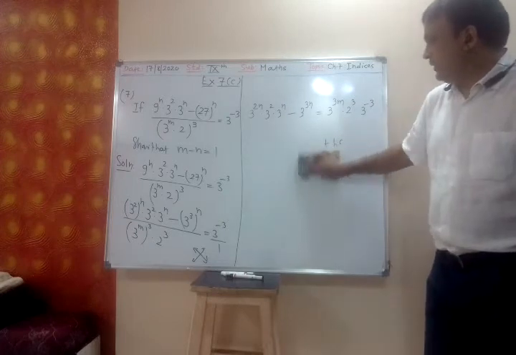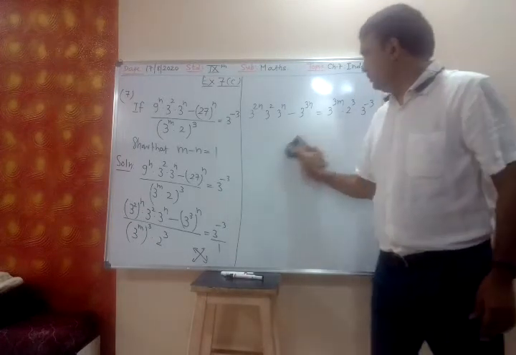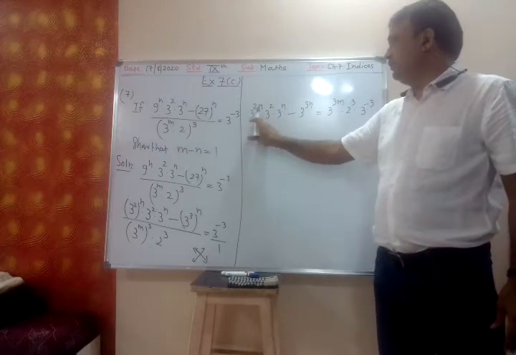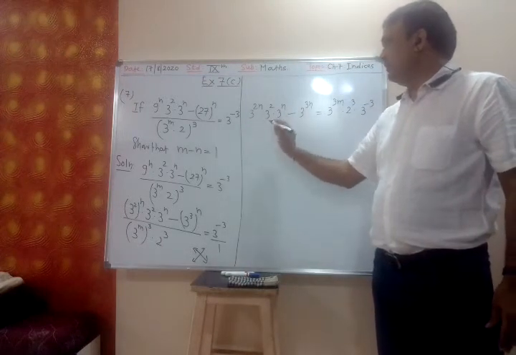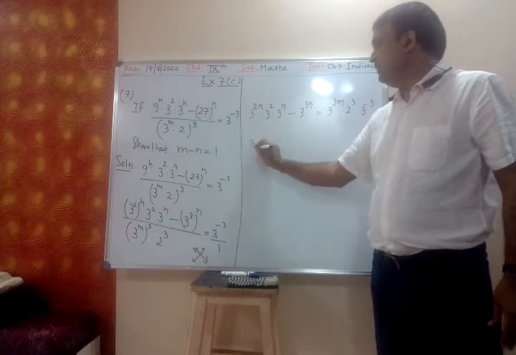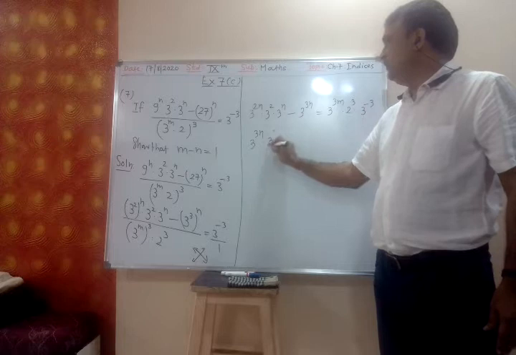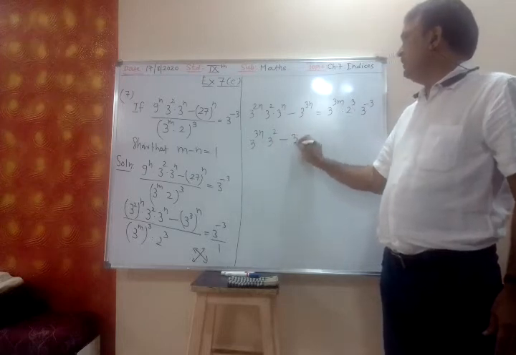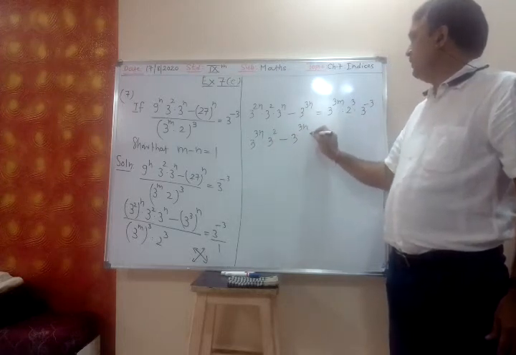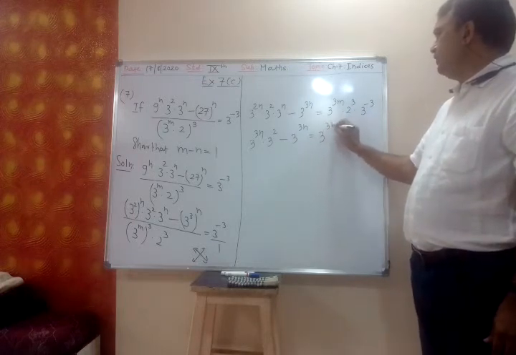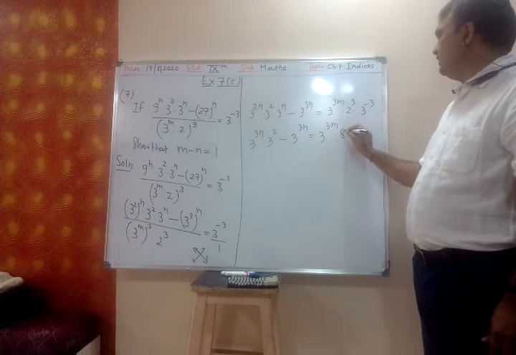So now we simplify this. 3 raised to n into 3 raised to 2n, power into power, add the power. So that becomes 3 raised to 2n plus n, 3n, into 3 raised to 2 minus 3 raised to 3n is equal to 3 raised to 3m, 2 raised to 3 is 8.